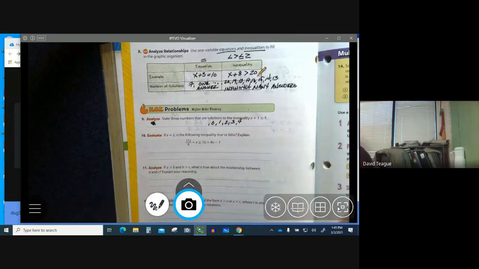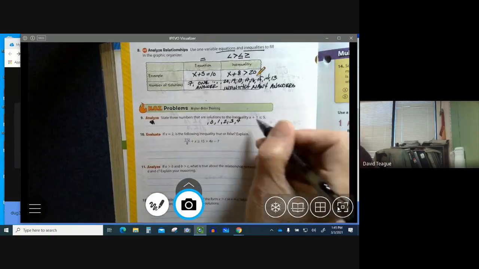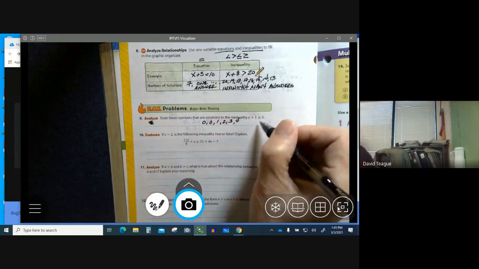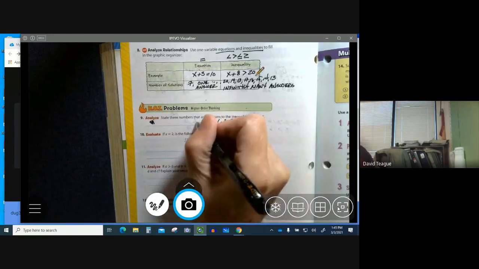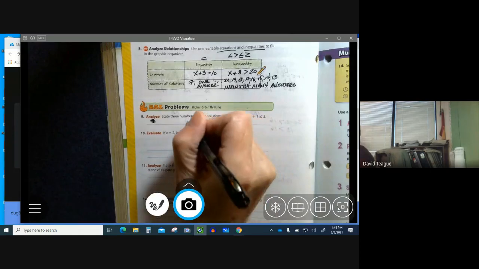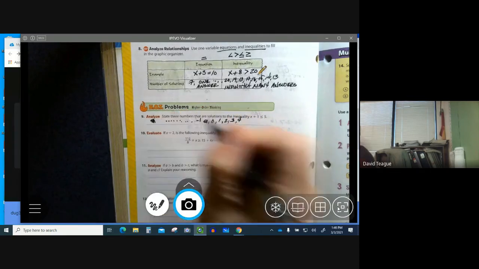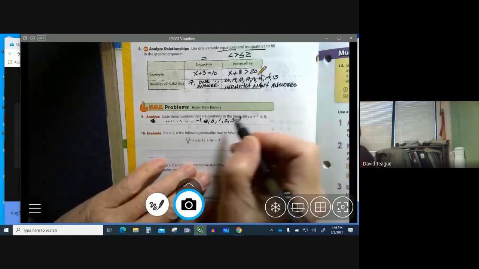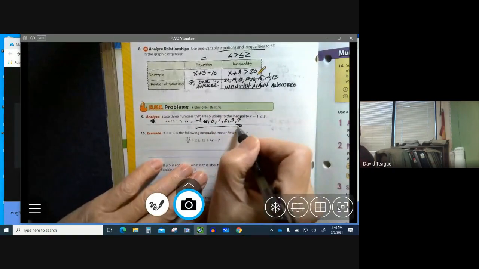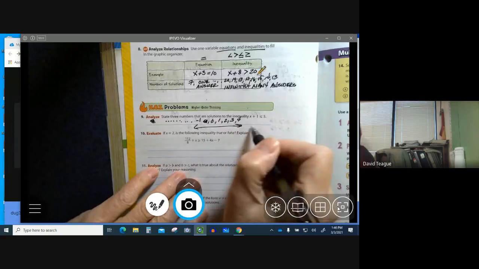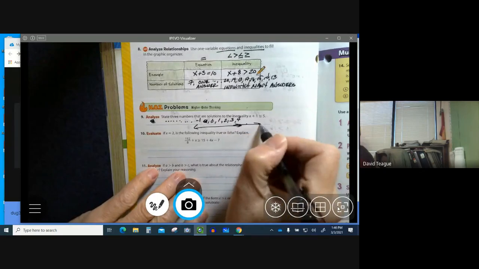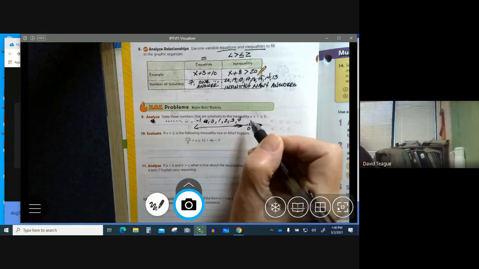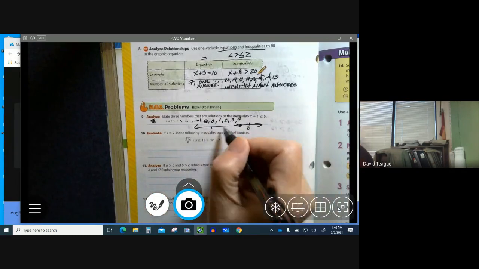How about a negative 1? Negative 1 plus 1 is 0. 0 is less than or equal to 5, right? And actually, you could go on infinitely going to the left, right? You could keep on going. If this is a number line, here's 0.